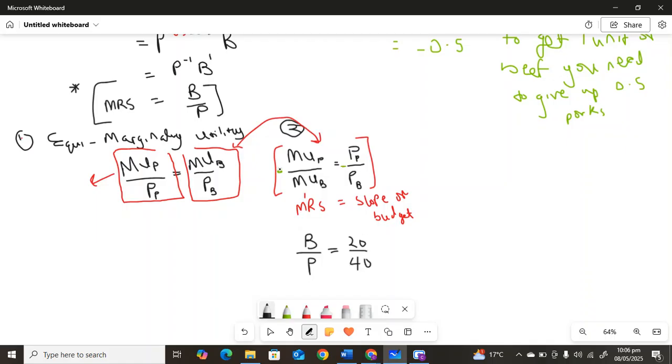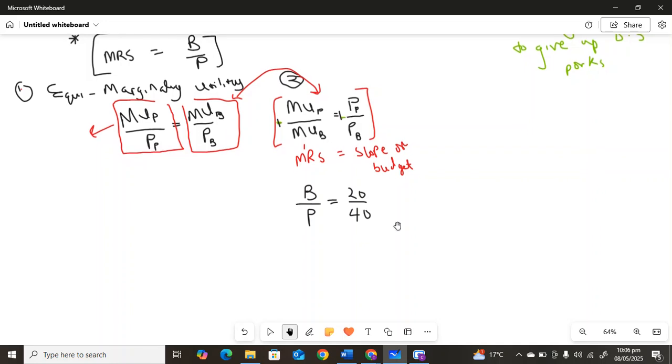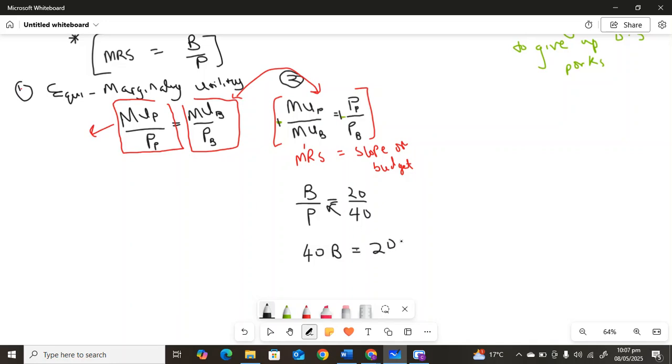As I said, these negative signs cross each other out. So when you're doing this tangent condition, no need to put the negative signs there. Okay. Yes. So let's cross multiply. 40 times B, that is 40B. P times 20, that is 20P.